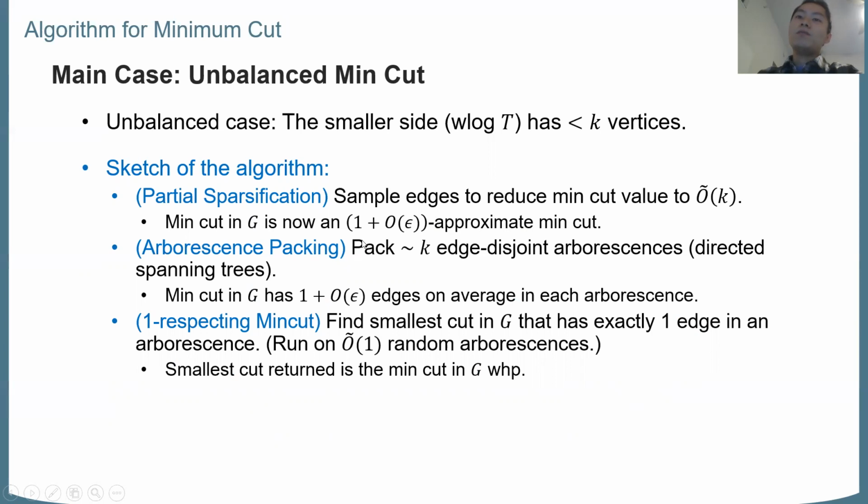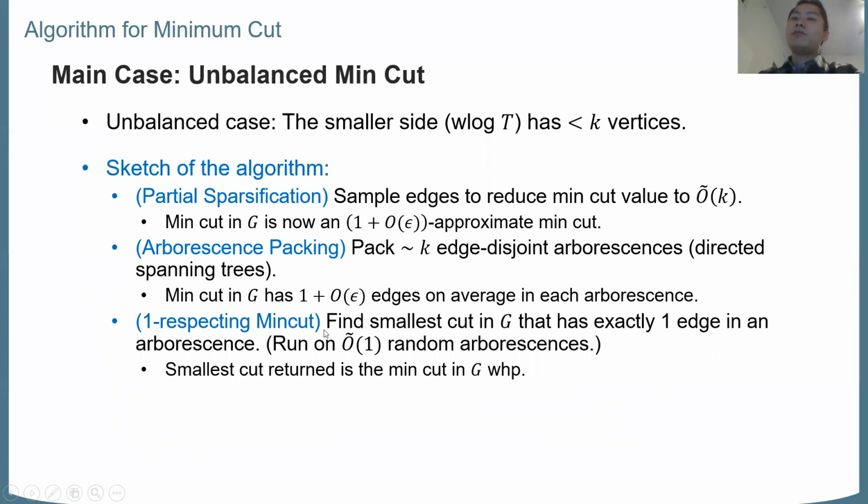And secondly, we will pack about k edge disjoint arborescences, or directed spanning trees, to make the min cut have 1 plus O epsilon edges on average in each arborescence. And finally, we will find the smallest cut in G that has exactly 1 edge in an arborescence. Such a cut is called one-respecting the arborescence.